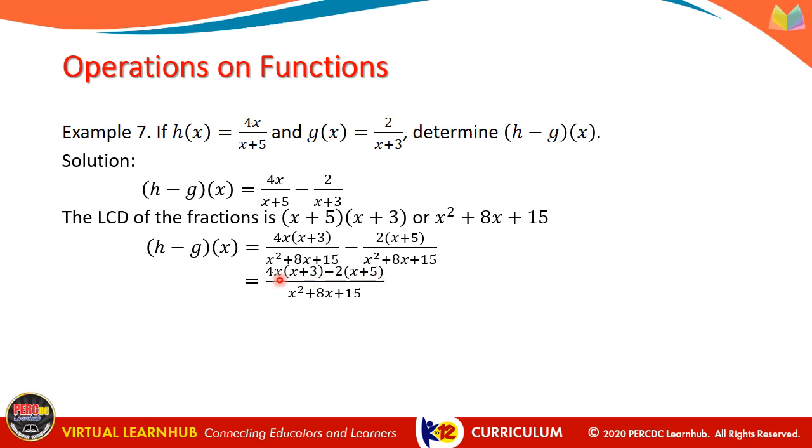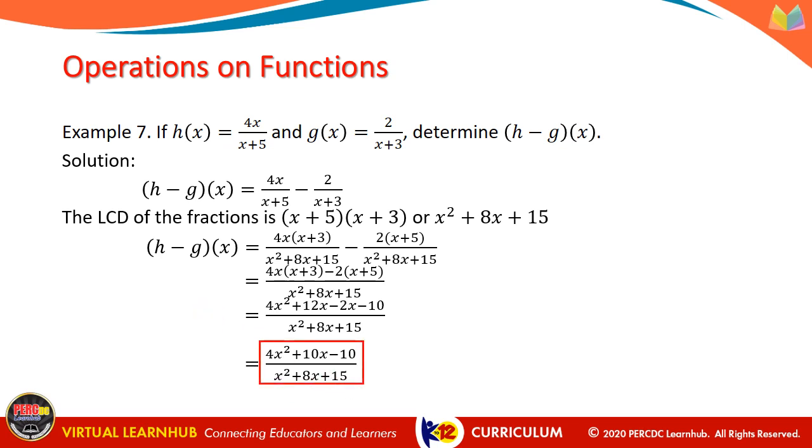Distributing 4x and negative 2, the numerator would be 4x squared plus 12x minus 2x minus 10. Simplifying further, 12x minus 2x is equal to 10x. Our final answer would be 4x squared plus 10x minus 10 over x squared plus 8x plus 15.